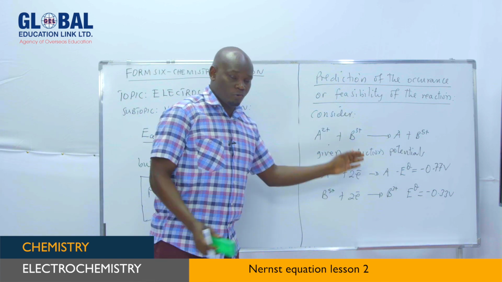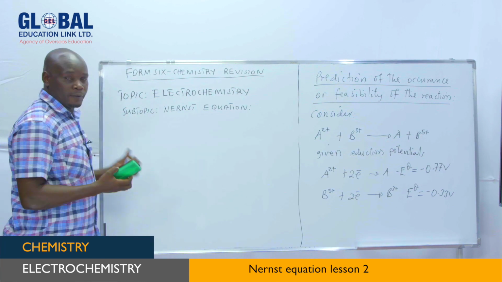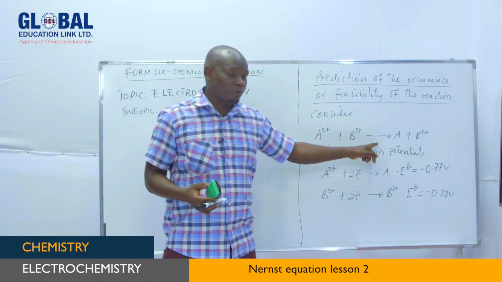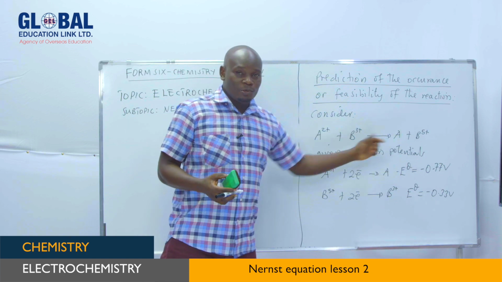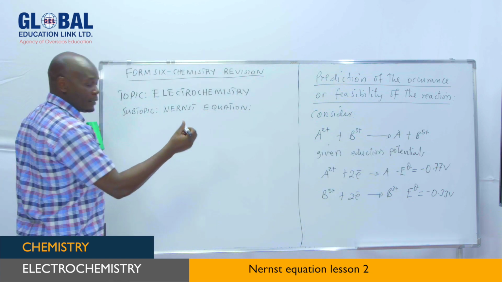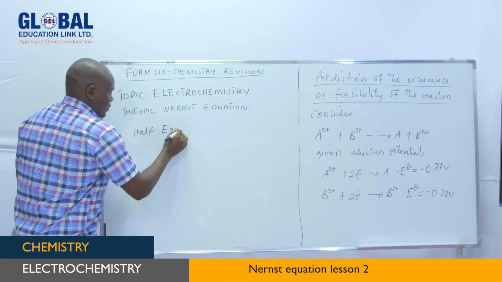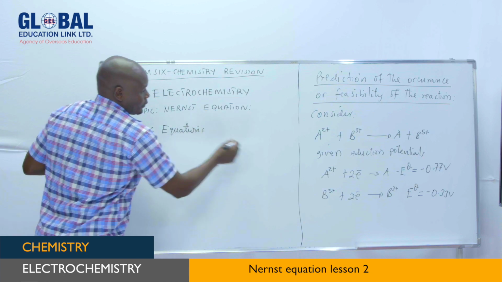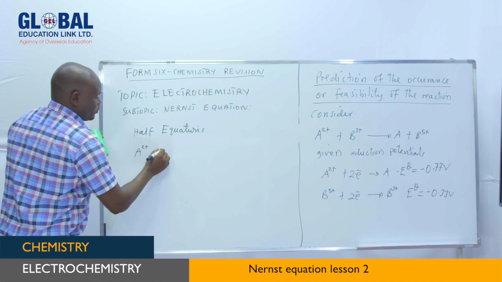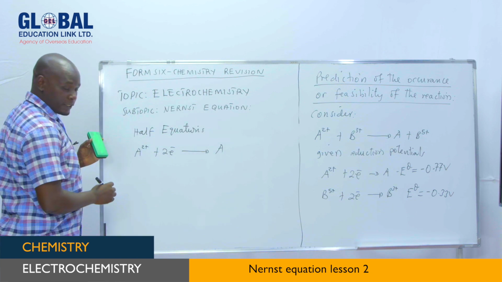Now the procedure to follow when given such a question is that first you have to write the half reaction equations as they appear in the given equation. So this is our given equation. If we write the half equations for the given redox reaction, the first is A 2 positive, plus 2 electrons, gives A. That is the first half equation.